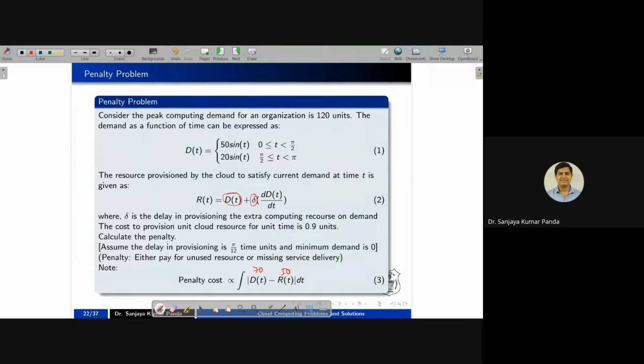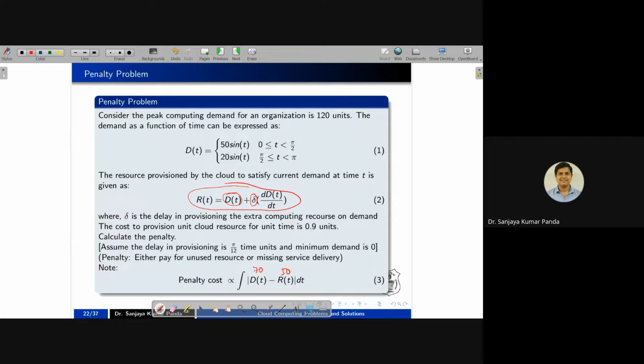And obviously, when there is a steady, fixed demand, there is no chance of penalty. But when there is a fluctuating demand, there is a chance of penalty. So you have to take this particular function and calculate the penalty. Let us see how to calculate it.